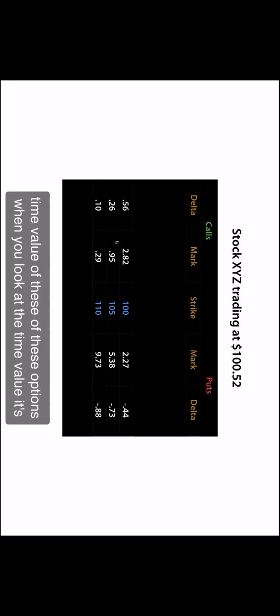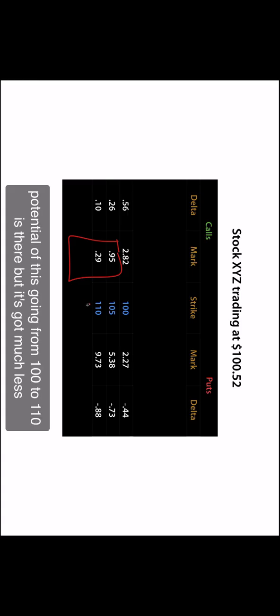The chances of it staying in the money at 100 are much higher than the chances of it getting to 110. So when you look at the time value of these options, the time's worth less because the potential is less.